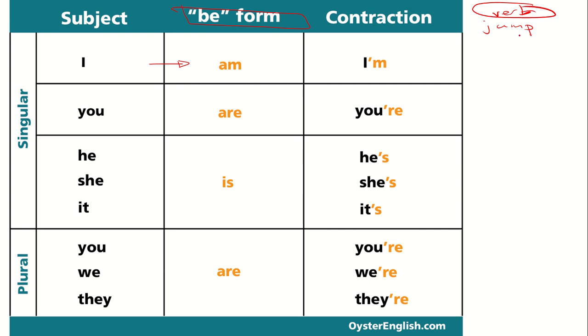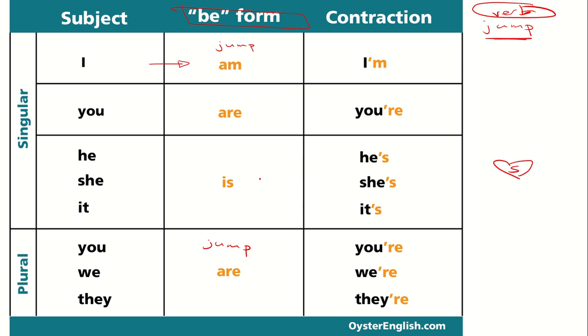So if I take that doing word, like jump, I will say I jump. If I say you or we or they, I will say, you jump, we jump, they jump. It does not change.